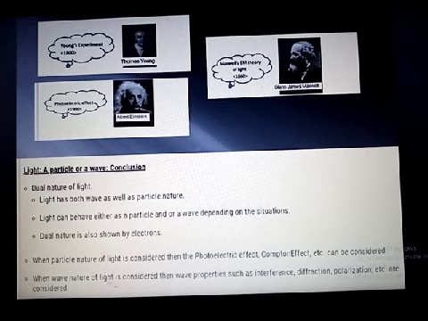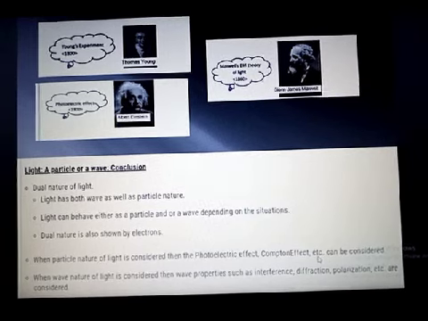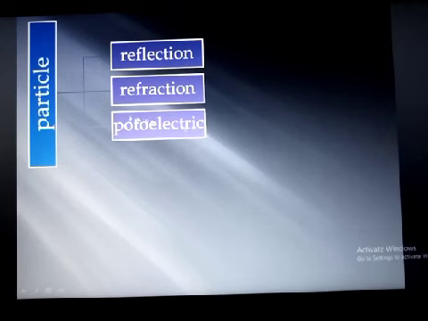And when light is considered a wave, properties such as interference, diffraction and polarization are explained. You can see the flow chart here. If you consider light as a particle, reflection, refraction and the photoelectric effect can be explained.